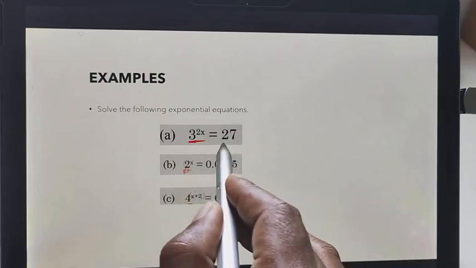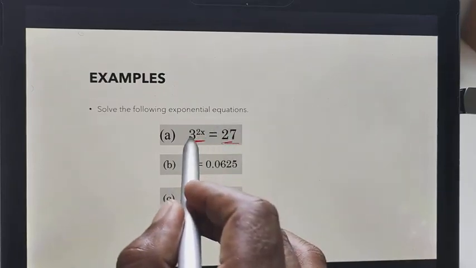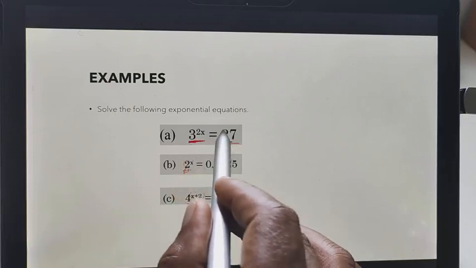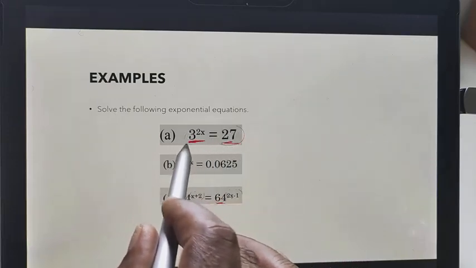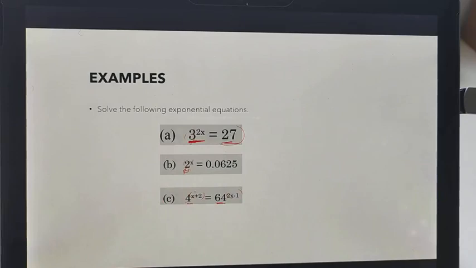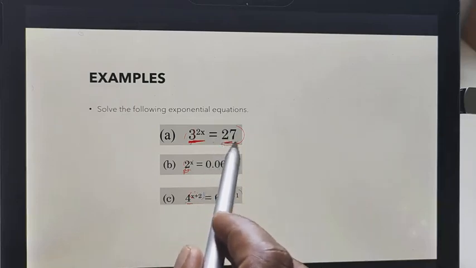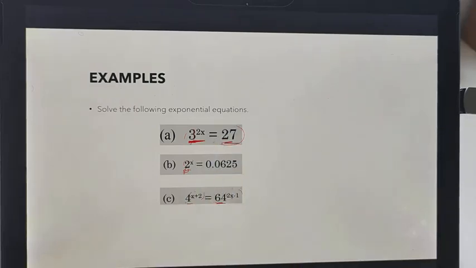That's the left hand side, that's the right hand side. You need to make the right hand side have the same base as the left hand side. How to transform numbers into a base of a given number, we demonstrated during our previous video. Please go and watch. Of course, we are going to show it here, but it's good to go and review it.